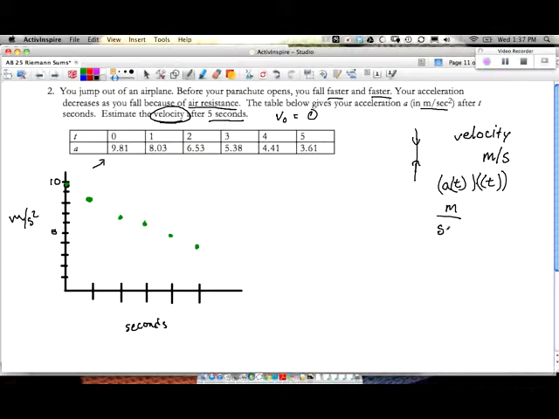Acceleration is meters per second to the power of 2, and time is in seconds, to the power of 1. So we can simplify here. If we multiply those two things together, we're going to get meters per second. So we are going to get velocity. This is kind of interesting: velocity is the same as acceleration times time.